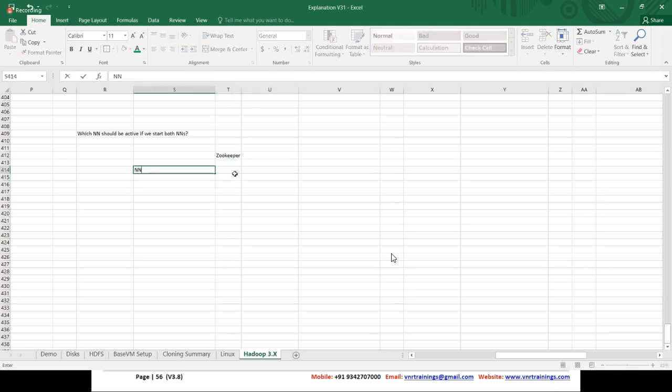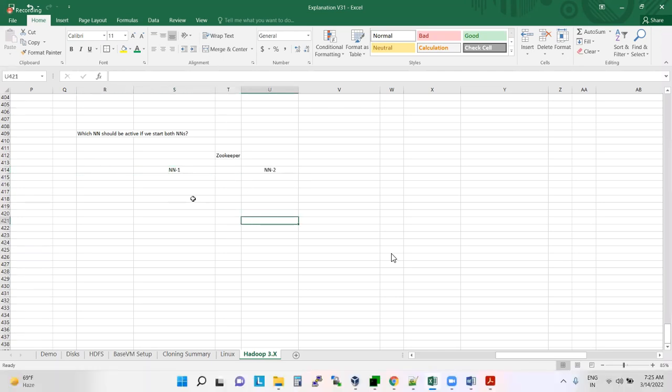So here we have name node 1 and name node 2. Two name nodes we have, and we have one zookeeper. Now the question is, how will this zookeeper decide who should be active and who should be standby?